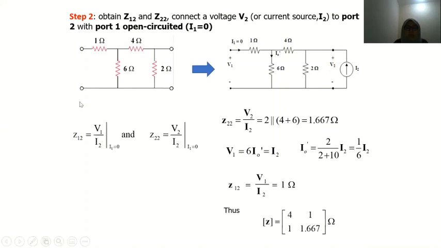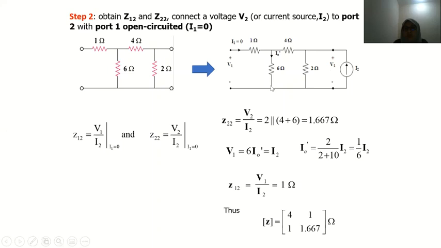So from your original circuit here, when you put your I1 equal to 0, this 1 ohm resistor also has zero current since your I1 is equal to 0.